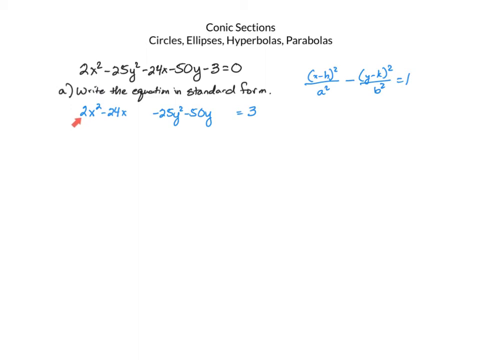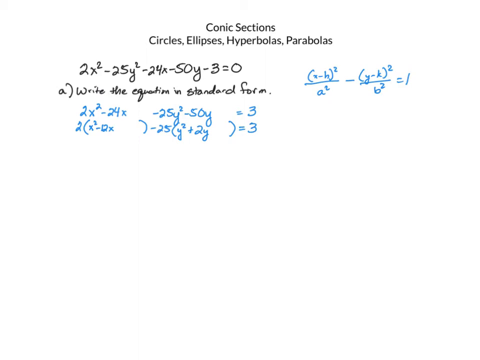So I'm going to factor out the 2, and I'm going to factor out the -25. So let's do that. We have 2 times (x^2 - 12x), and we have a -25 times (y^2 + 2y). Take care with that sign. When you factor out a negative, it will change the sign right here. And we still have the 3 on the right-hand side.